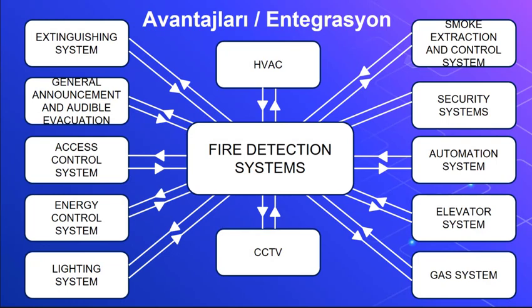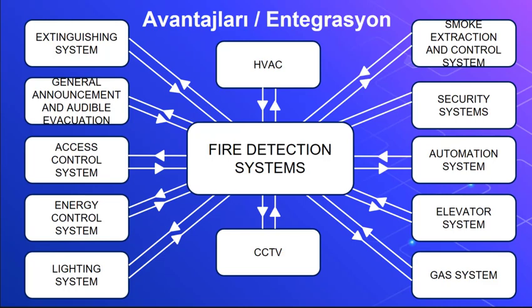It is possible to integrate the systems seen on the screen with the addressable systems. HVAC, heating, cooling, ventilation systems, which means heating, cooling, ventilation and air conditioning, are systems that regulate and control the heating, cooling and ventilation of the living spaces.